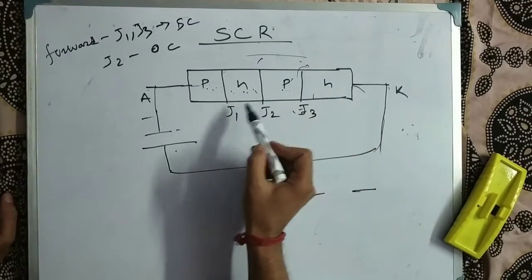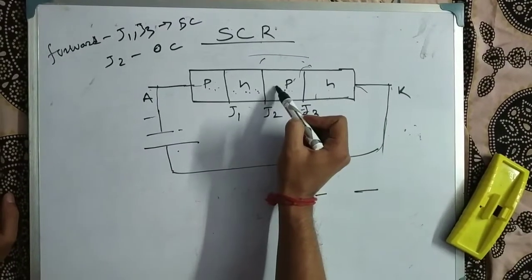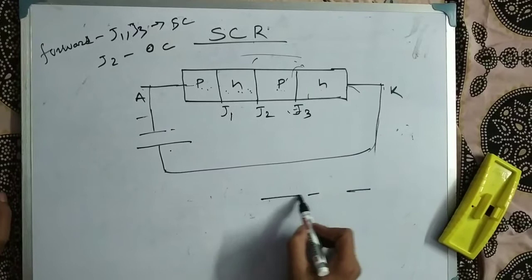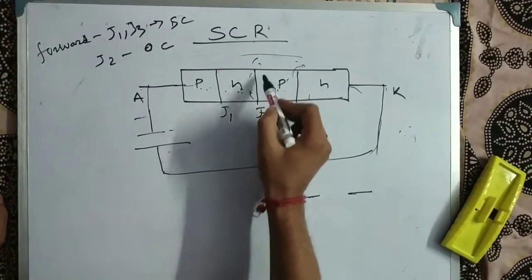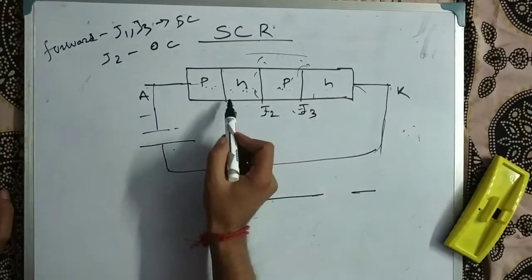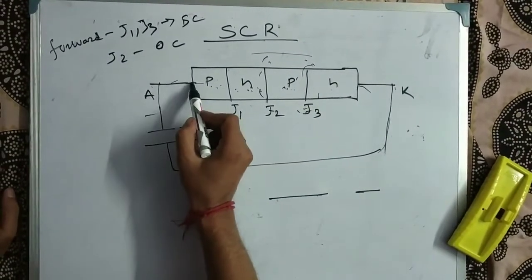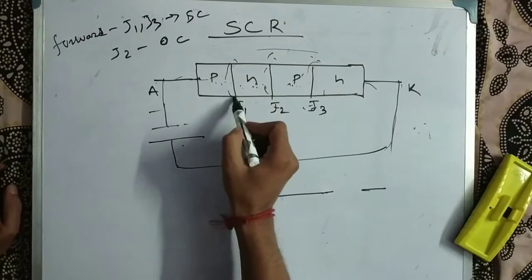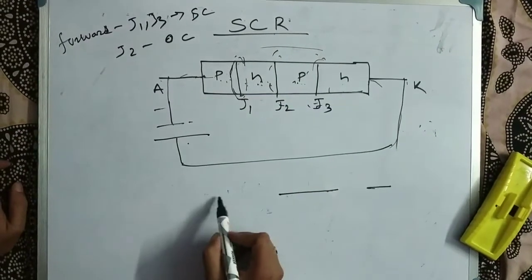J2: P is connected with positive. The J2 junction is a PN junction, P is connected with positive, so the J2 junction is short circuited. And here the P side is connected with the negative terminal, so this J1 junction will be open circuited.